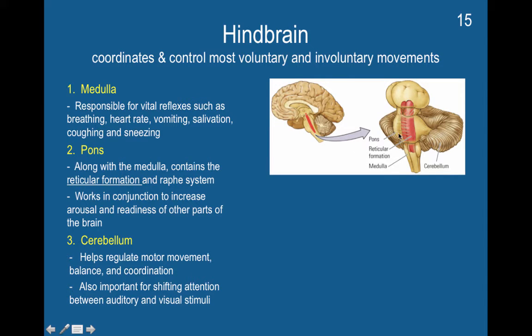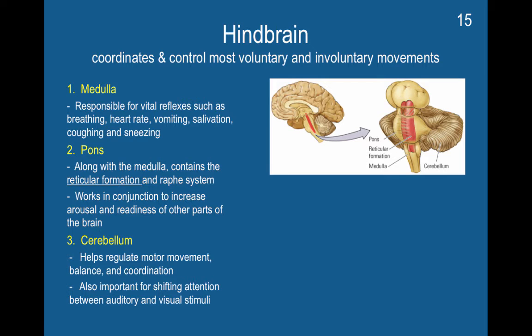And then you have the pons, which is right above here. Actually, this outside right here is the pons. Along with the medulla, it contains the reticular formation and the RAS system. These work in conjunction to increase arousal and readiness of other parts of the brain.